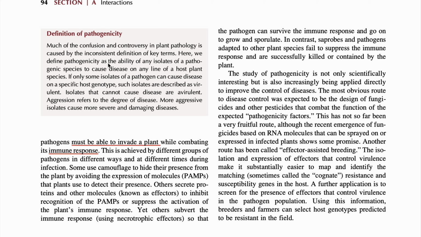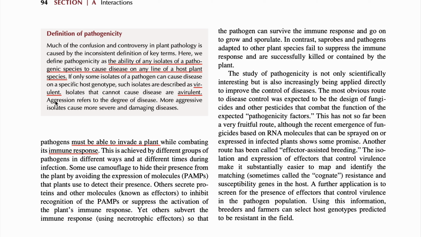It is the ability of any isolate of a pathogenic species to cause disease on any line of a host plant species. If only some isolates of a pathogen can cause disease on a specific host genotype, such isolates are described as virulent. Isolates that cannot cause disease are avirulent.